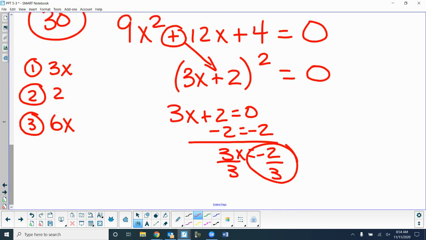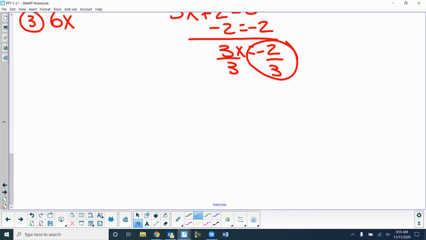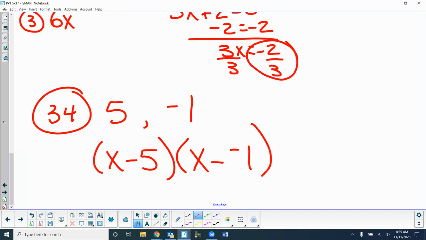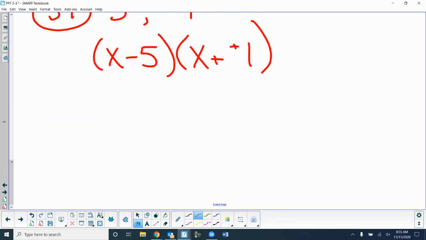Questions? The last one, 34, was going backwards. They gave you a 5 and negative 1. So it's x minus 5 and x minus negative 1. What's minus the negative 1? Plus 1, right? FOIL it.